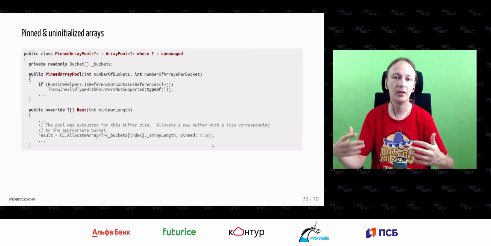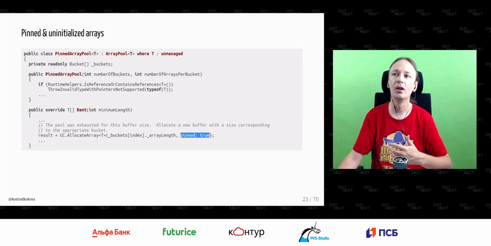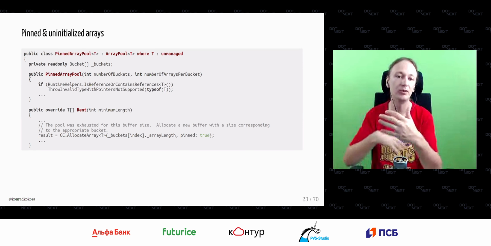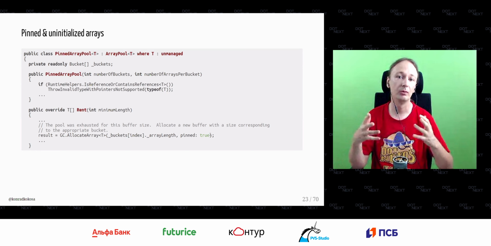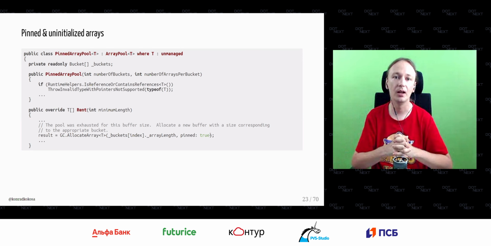So every time we run something and there is no array already available to be used, we create a new array, but we set that flag to true, so we are creating this array inside the pinned object heap. So we will be reusing arrays from the pinned object heap, which is a very nice way of utilizing it.